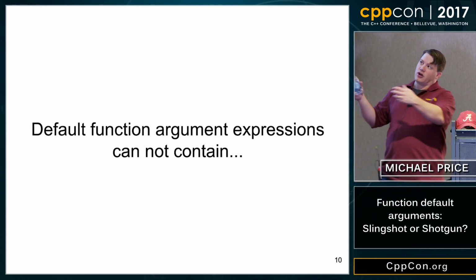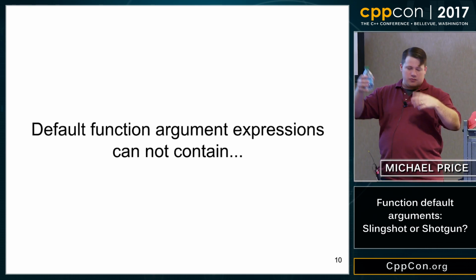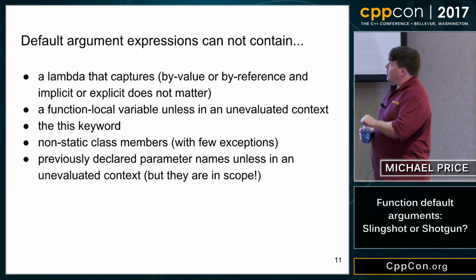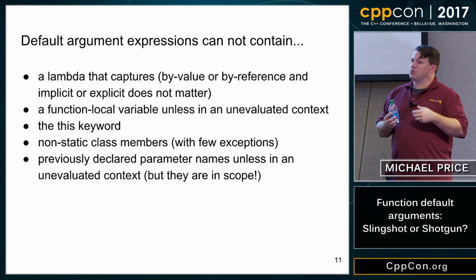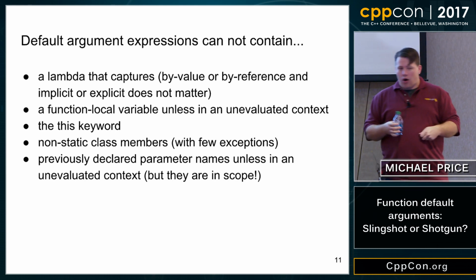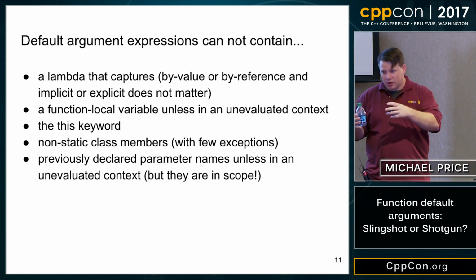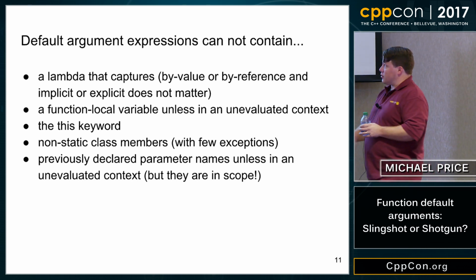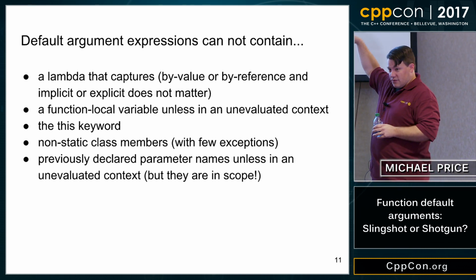So that was things that default arguments can't do themselves. These are restrictions on what you can put in a default argument. Because remember, default arguments are expressions. Just about any expression you can form in the language can be used as a default argument, except for these cases.